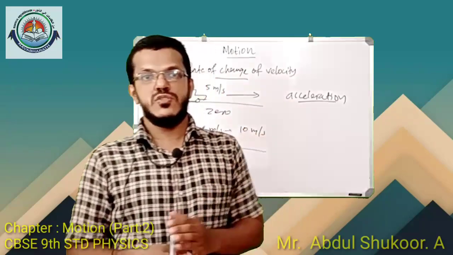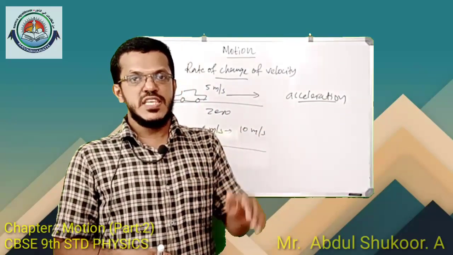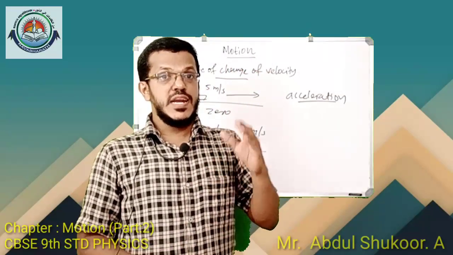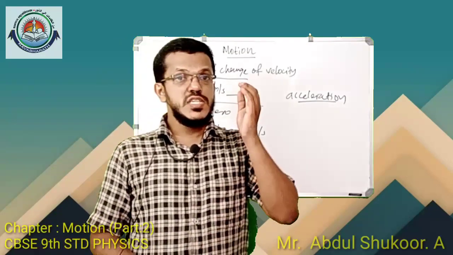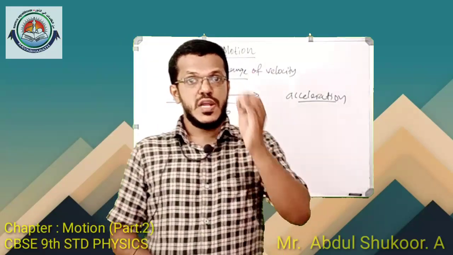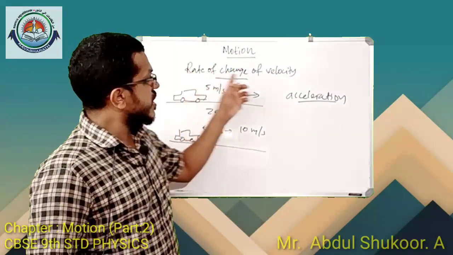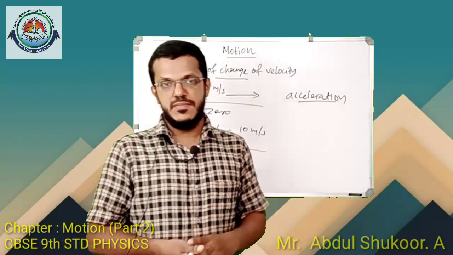Motion in which velocity increases is known as accelerated motion. If you apply the brake, the velocity decreases. That is known as retarded motion or retardation. The rate of velocity decreasing is known as retardation, and the rate of velocity increasing is known as acceleration.